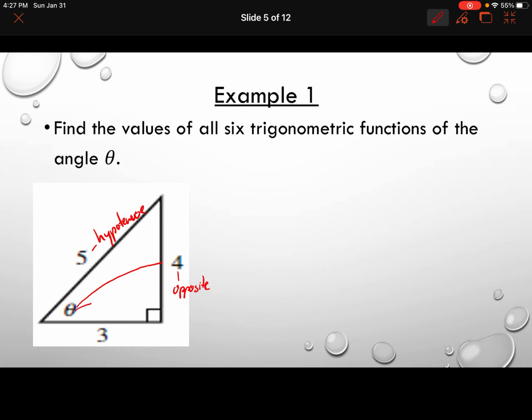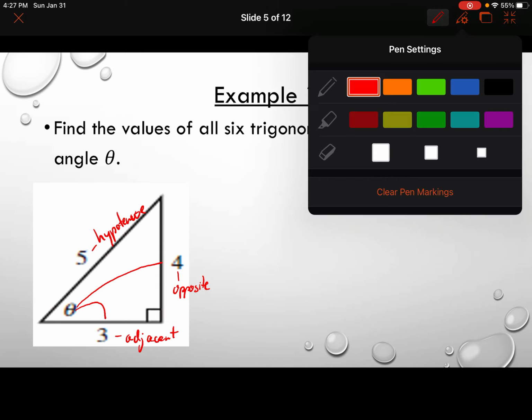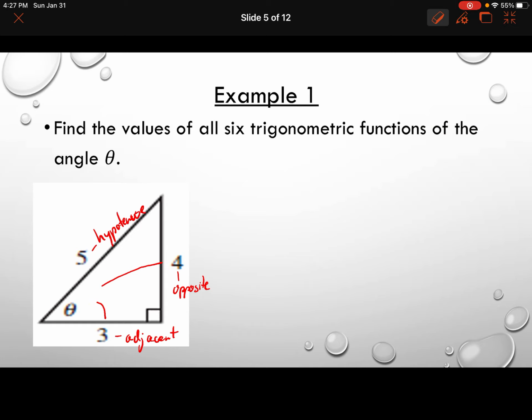And the side that is right next to the angle, by process of elimination, is called the adjacent side. But remember, if our angle was over here, the opposite and adjacent sides would be flipped. They would have their places reversed.